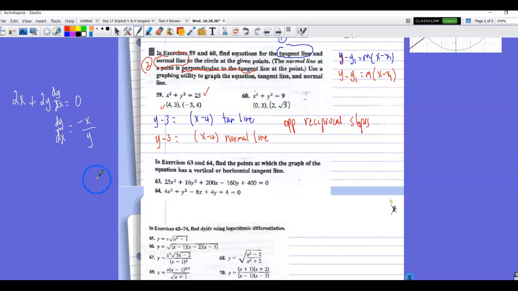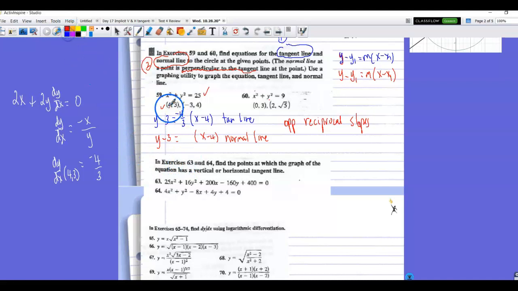So my slope generator is negative x over y. So the slope of the tangent line at the point (4, 3) is going to be the opposite of 4 over 3. So I'm going to come back over here and almost complete my tangent line. That's negative 4 over 3.